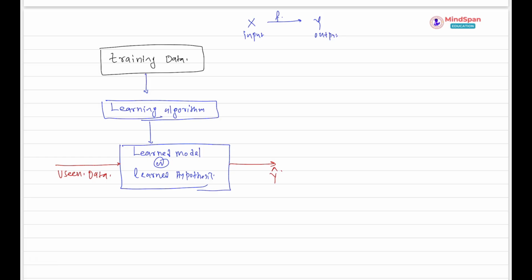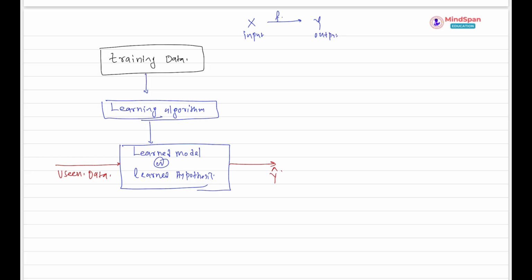So what we do, through the training data, or through the data that we have, or through the experience, using this data, we learn a model, and to learn this model we are going to use various kinds of learning algorithms, right?